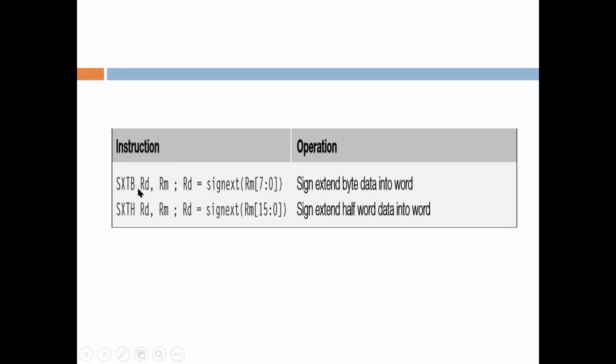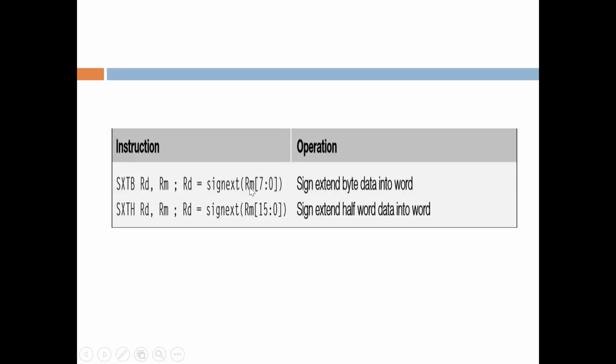Now let us see what is byte here. So out of 32 bits, which you will consider as a least significant byte? It is from 0th bit to 7th bit. Now, from 0th bit to 7th bit, you consider it as 8 bits, that is 1 byte in the register Rm. So whatever the bit value you have at the 7th bit position will be extended in the remaining bits of Rm.